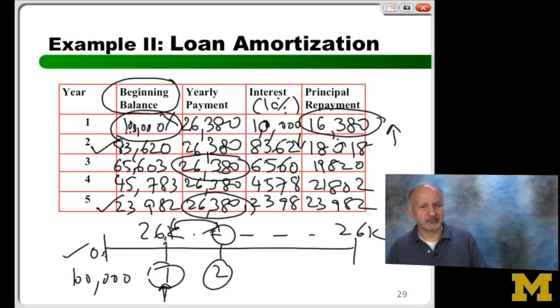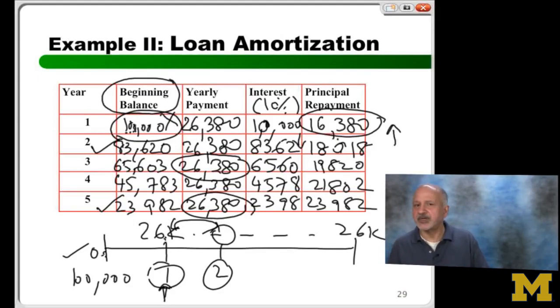Will you be able to do that? Sure. You have an Excel spreadsheet with you, you're sitting in the car, you open it up and you do a PMT calculation and you can come up with 26,380. Easy. So the good news is, once you know how much you're borrowing, the yearly payment column, if at a fixed interest rate, is very straightforward.